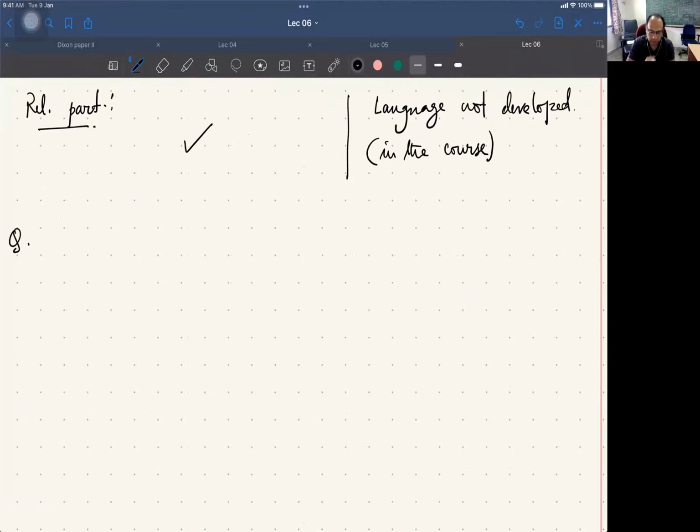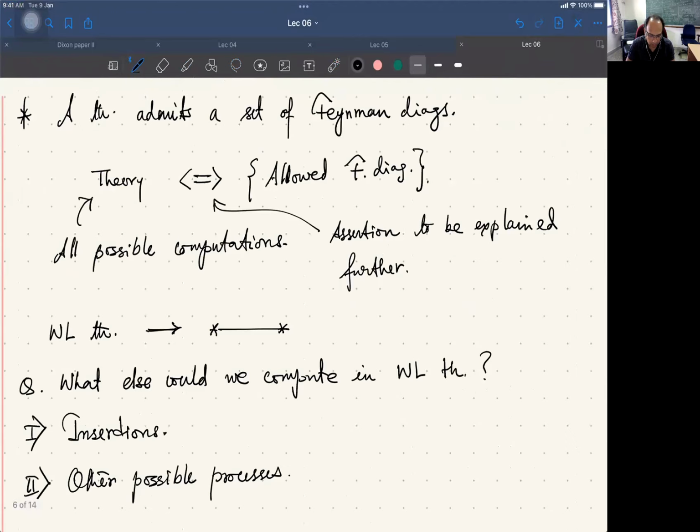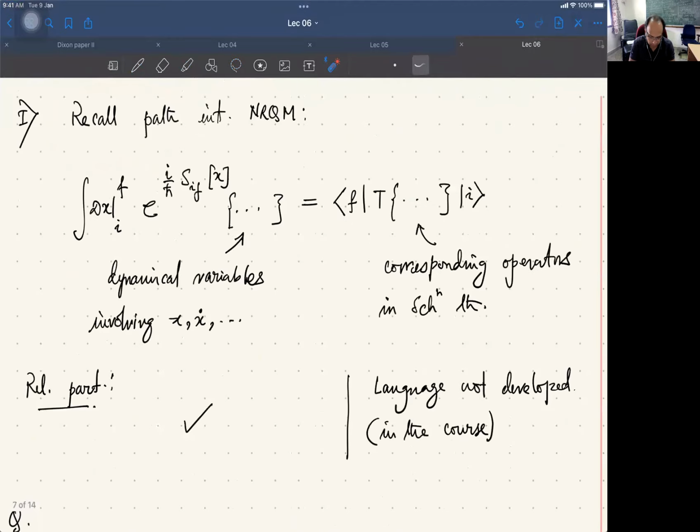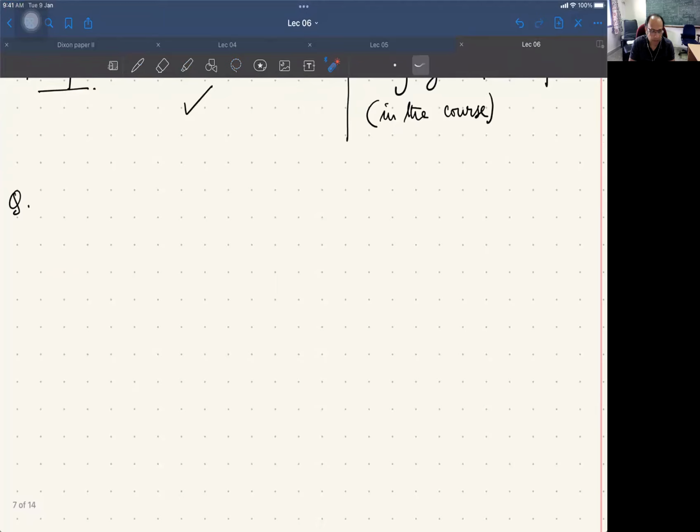It is important in our goal to show the equivalence here, as we will see as we go along. In order to show this equivalence, it is important to understand the physical interpretation of these insertions. So how should the insertions be interpreted?